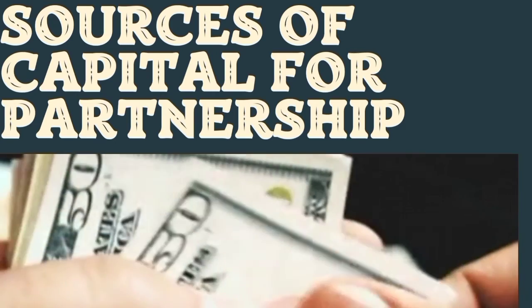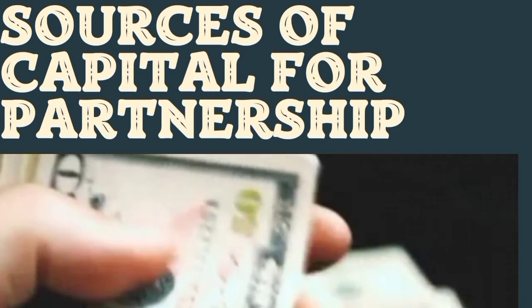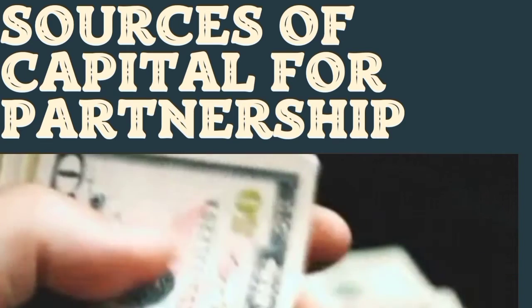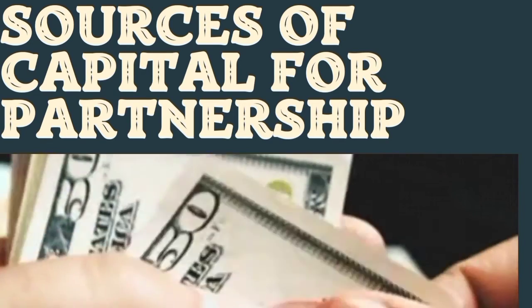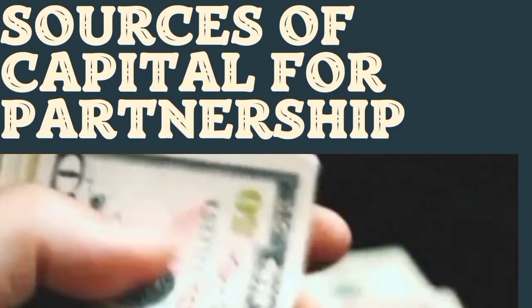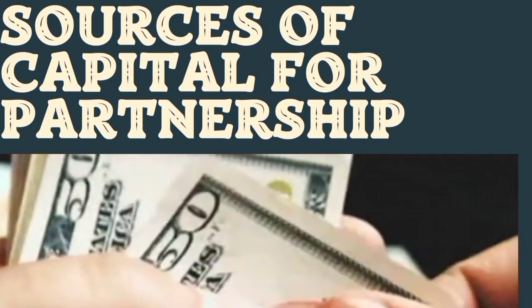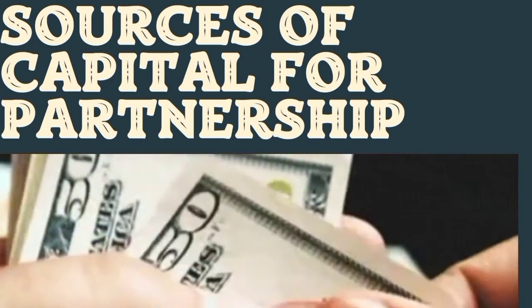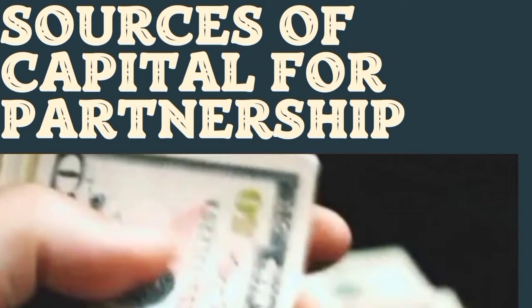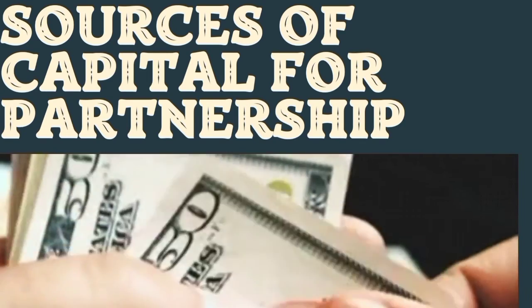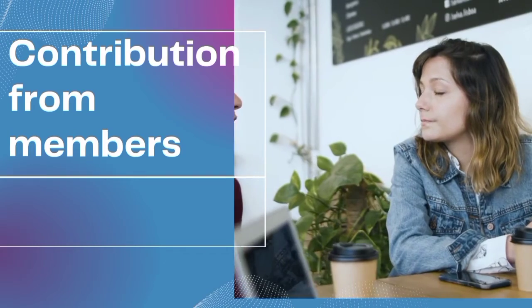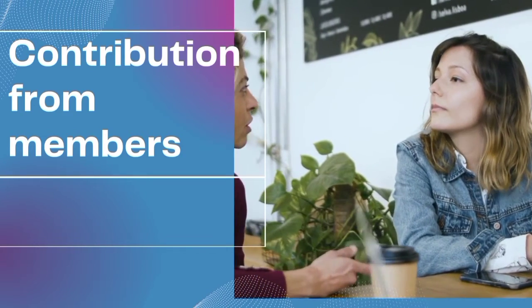We have various ways for sourcing capital for partnership. Remember, this is different from sole proprietorship. And we have learned that in partnership, to source for capital, the capital has to be large. Now, these sources of capital for partnership could be gotten from one, contribution from the members.